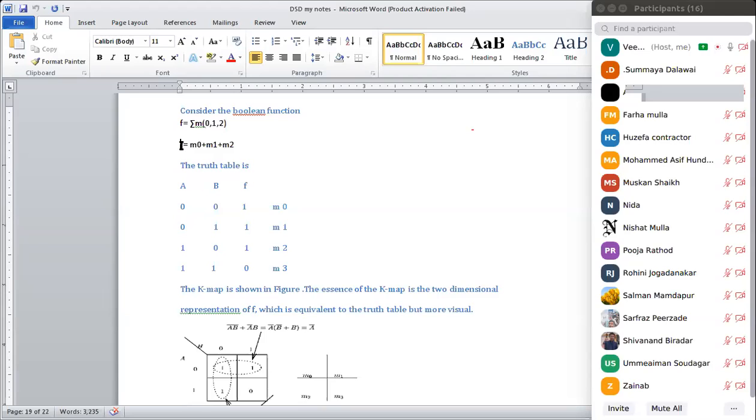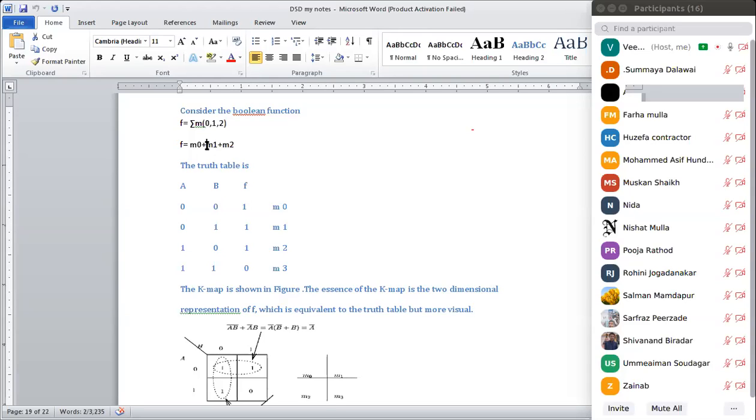Right. So if I want to write a truth table for this, how many terms are there? Three terms are there, right? So for this I am going to take two variables, A and B. Now what are the inputs that A and B are going to vary through? 0 0, 0 1, 1 0, and 1 1.